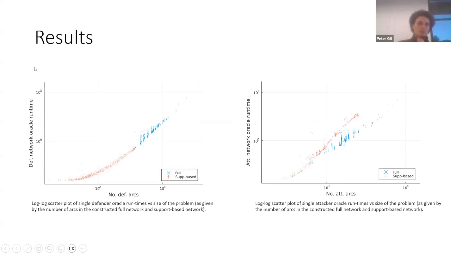And then these other results give us 2 bits of information. Looking at the left, this full means the attacker network and the defender network, where we draw all of the arcs, all of the nodes.